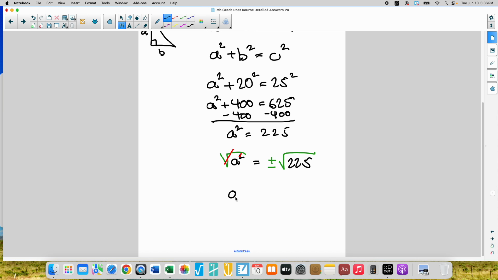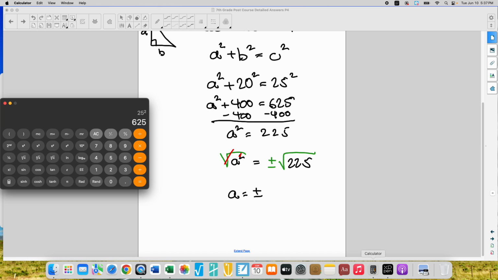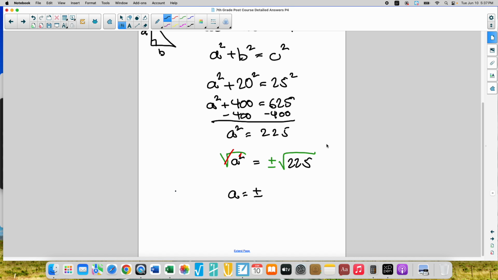And that leaves me with a equals plus or minus the square root of 225. So if you stopped at 12 times 12 is 144, you probably wouldn't have gotten to 15. And I think 15 squared equals 225. And it does. So this is a perfect square. So we get plus or minus 15.